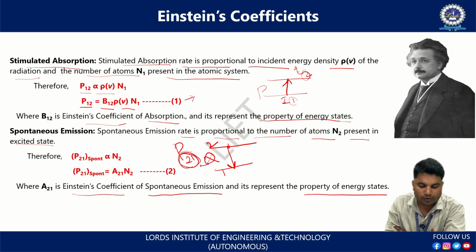In this scenario, the atom on its own, after spending an average lifespan of 10 power minus 8 second, comes down to the ground state. So therefore, we give the notation A21 for spontaneous emission.